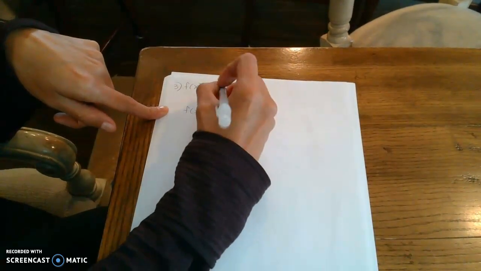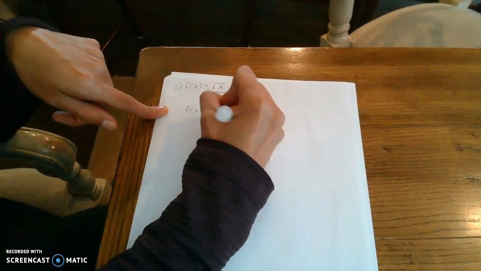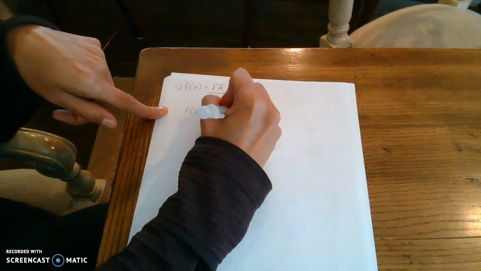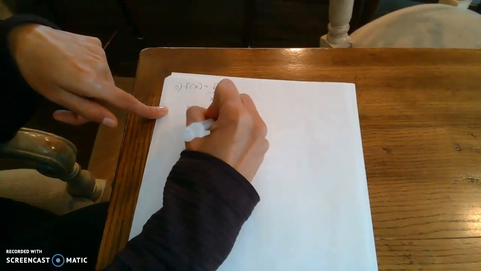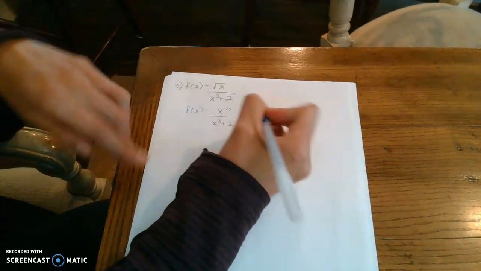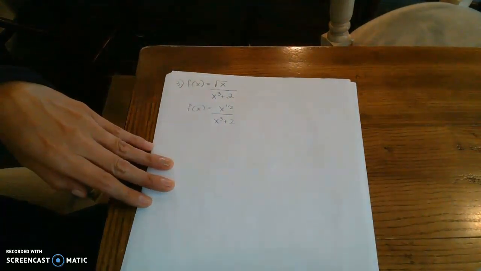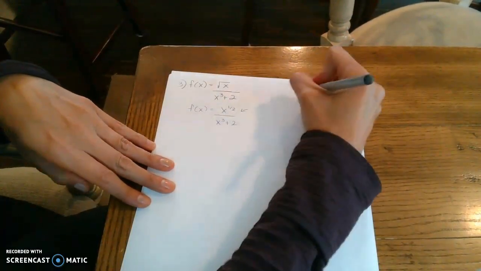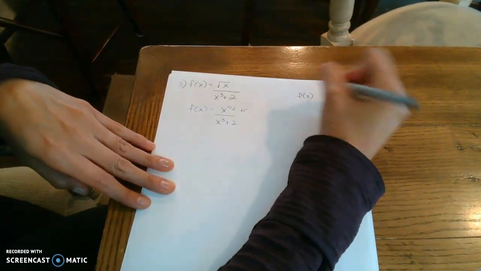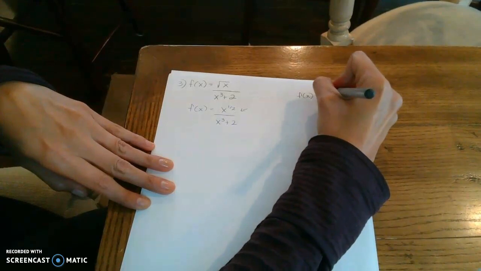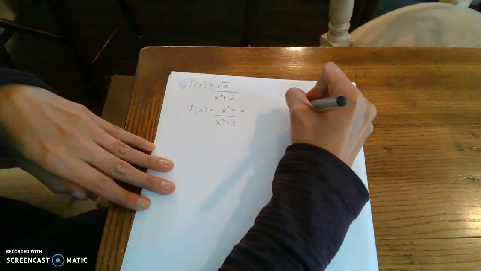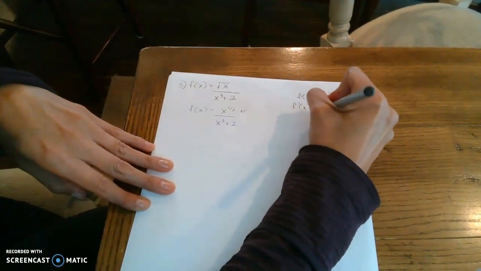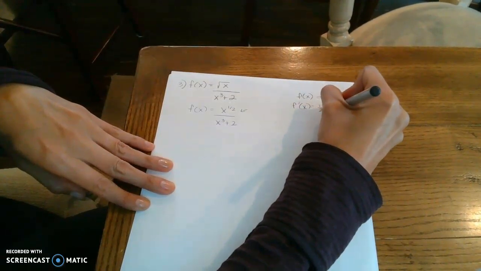f of x is the square root of x, which is x to the 1/2, over x cubed plus 2. So I'm going to call this my first, f of x, x to the 1/2, and the derivative of the first is 1/2 x to the negative 1/2.